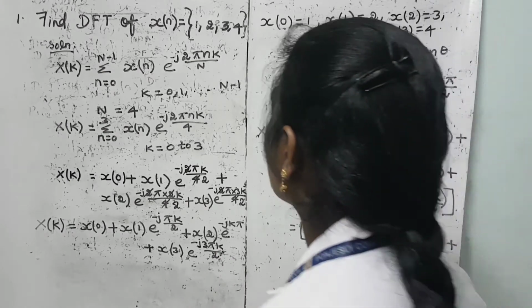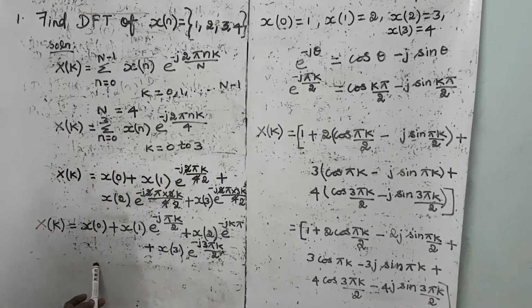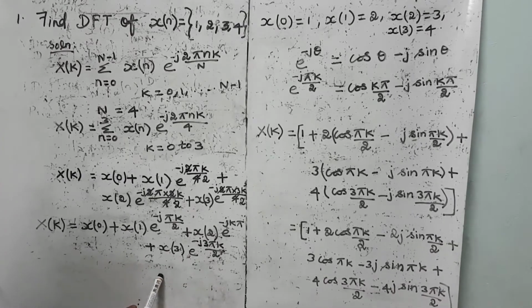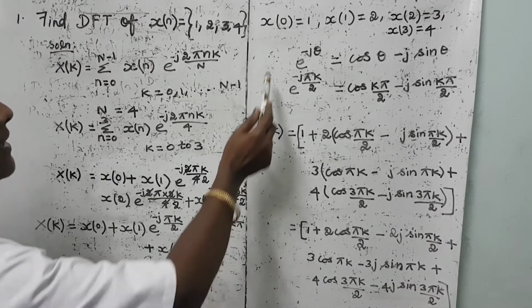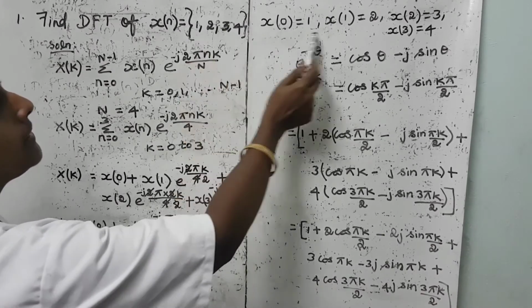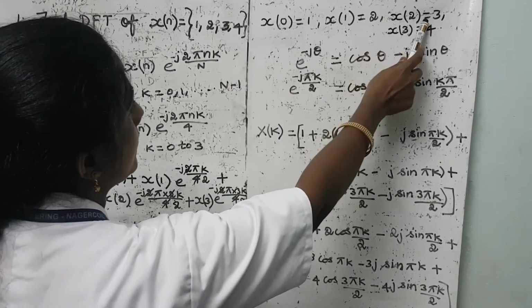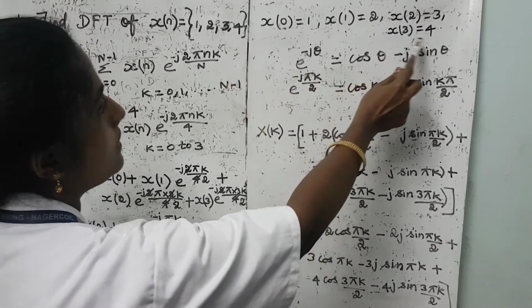In the next step, you can substitute the values of x of 0, x of 1, x of 2 and x of 3. We know that x of 0 value is 1, x of 1 value is 2, x of 2 value is 3, x of 3 value is 4.